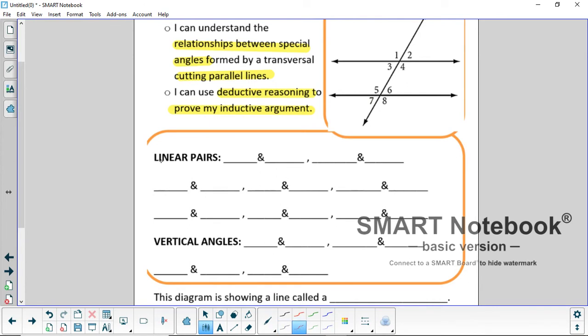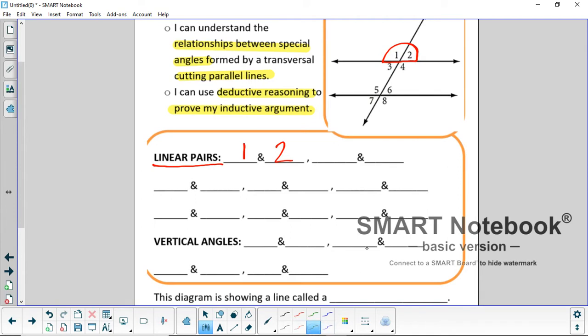Okay, now remember, linear pairs form a straight line. They are next to each other, those two angles, they share a side and they share a vertex. And I did that little cheat method of being able to draw that protractor type shape. So over this 1 and 2, it makes a nice protractor. And so angles 1 and 2 would be a linear pair.